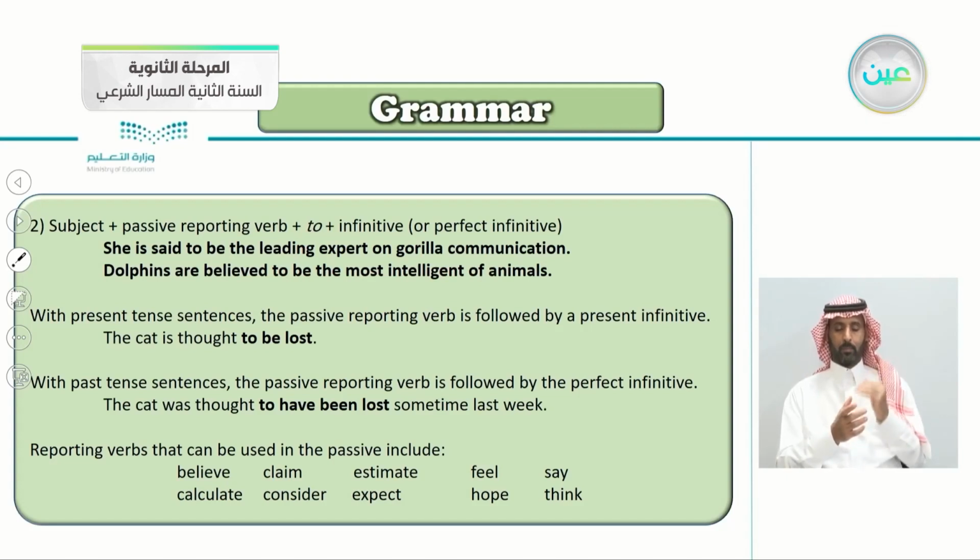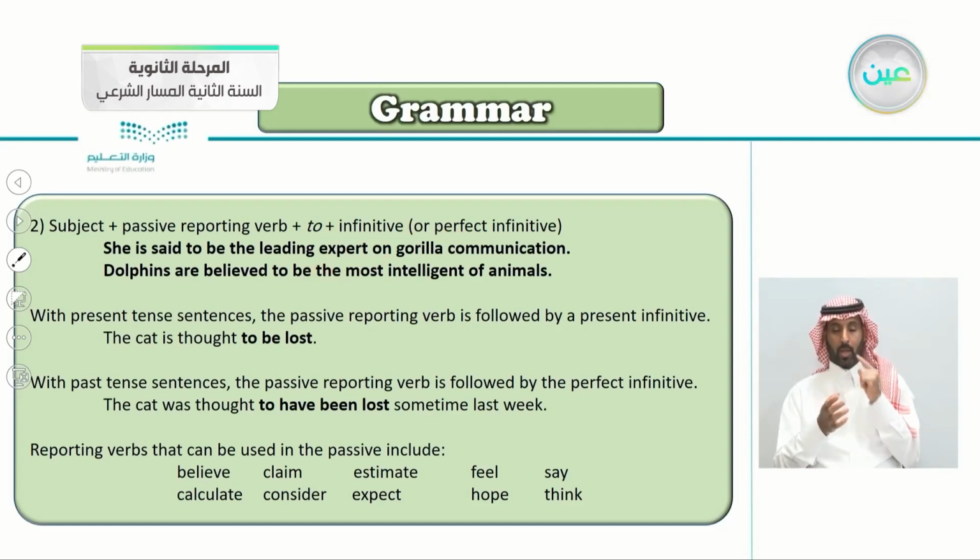So this is the second part of the passive reporting verbs. We begin with the subject, she is, dolphins are. Then the passive reporting verb, said or believed. Then the word to. Then use the infinitive or perfect infinitive. Then you continue with the sentence.